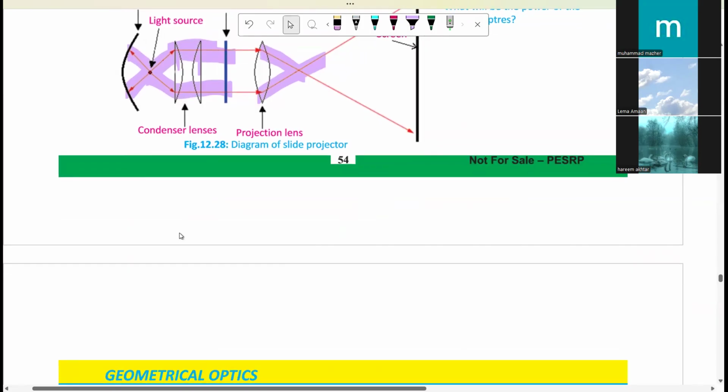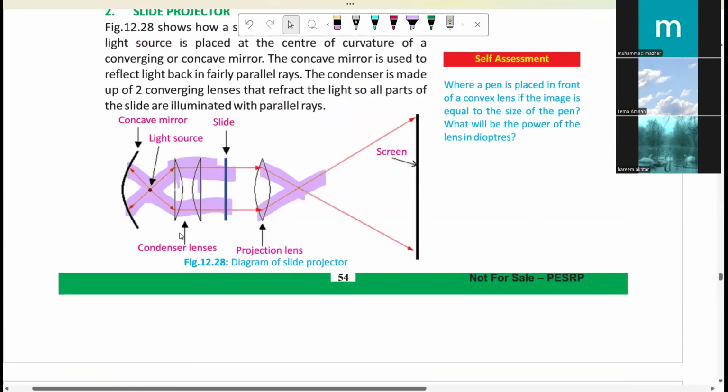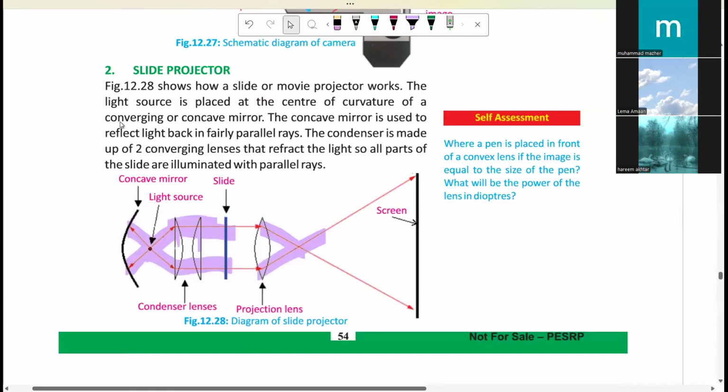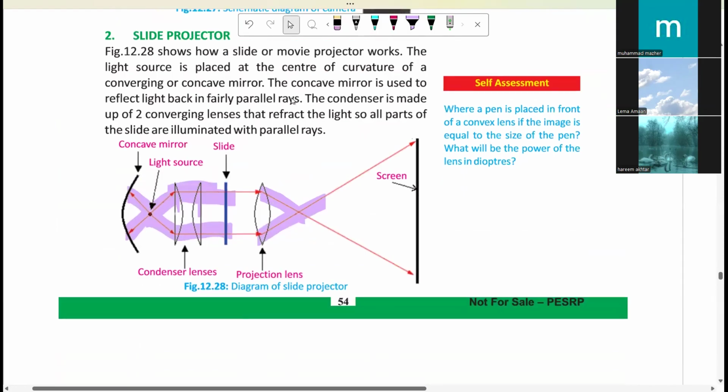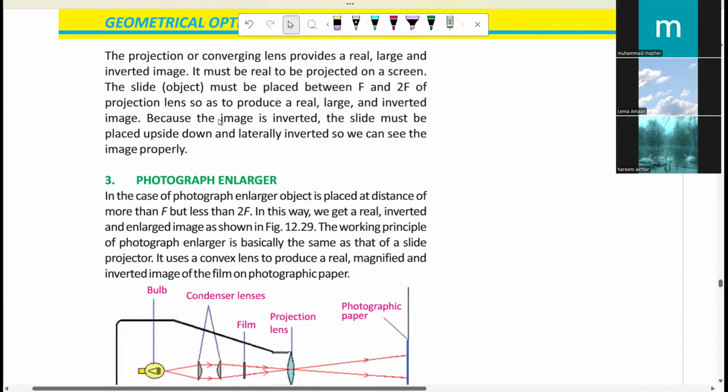Okay. And the image would be formed, illuminated. ये उसने लिखा हुआ जो मैंने आपको पॉइंट अभी बताया था कि the image provides a real, large and inverted image. It must be real to be projected on the screen.